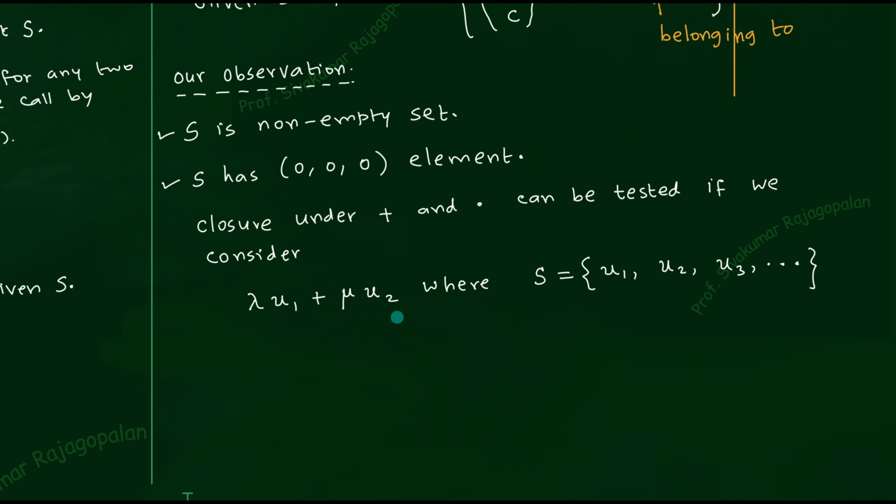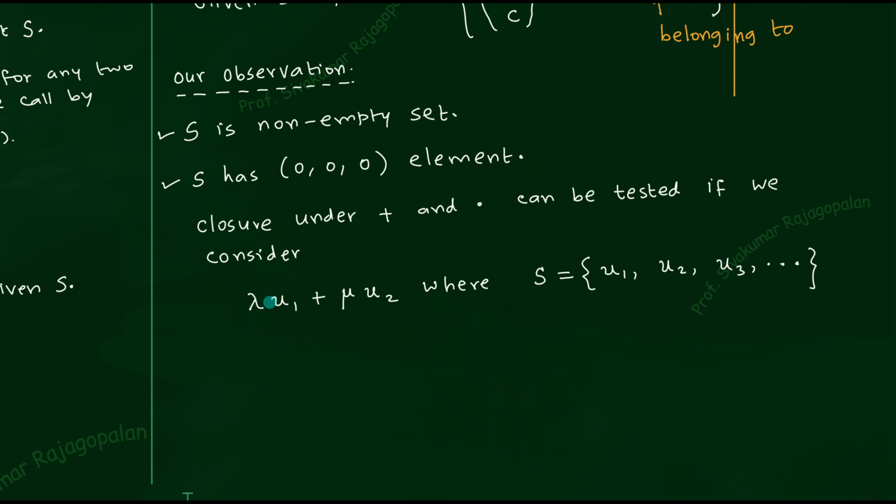You need not write this. In fact, truly speaking, you need not write this. You can do another way. Another way means you can only calculate u1 plus u2. Forget about lambda and mu. Lambda and mu can be chosen to be 1. Then only u1 plus u2 remains. So do a separate calculation for u1 plus u2, and then verify whether that belongs to the original set. That is the closure under addition. And then do the calculation only for lambda times u1.